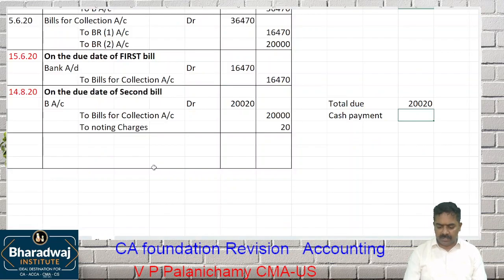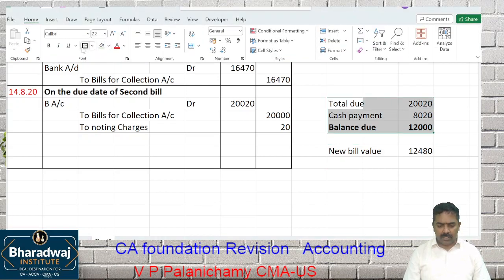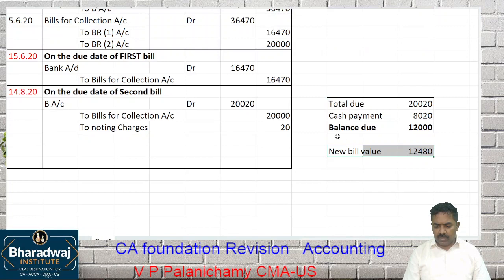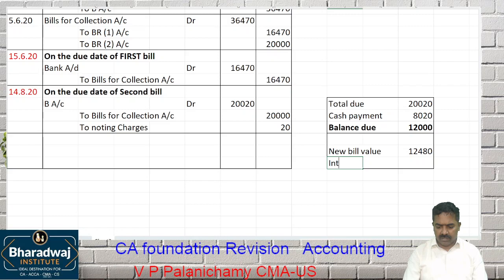Cash payment immediately made is how much? 8,020 cash payment is made. Balance due how much? Out of 20,020, immediately how much has been paid? 8,020, so the balance due is 12,000. But the new bill value is 12,480. Once again, total due is 20,020, but the new bill is drawn for 12,480 now. The difference will be called which one? Interest. How much interest? 480.